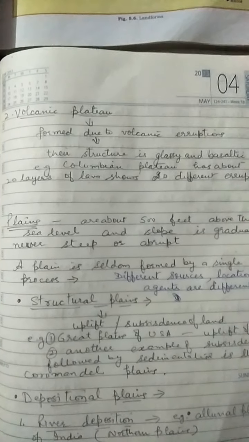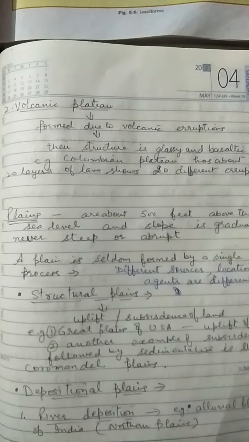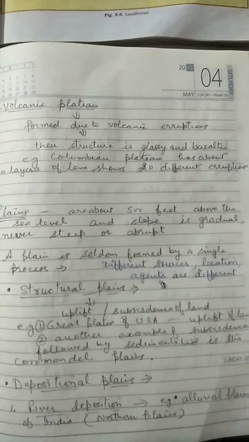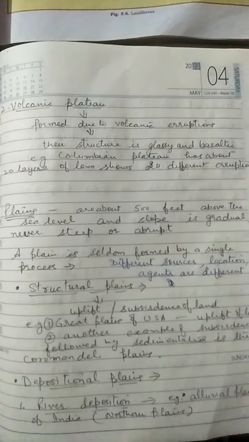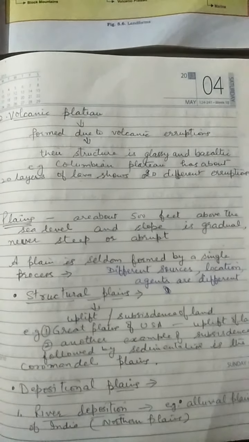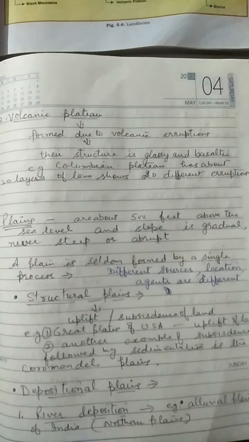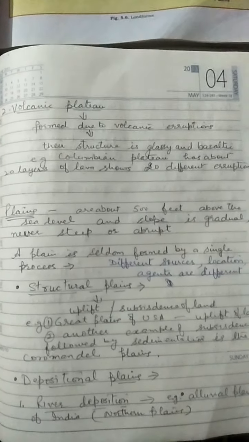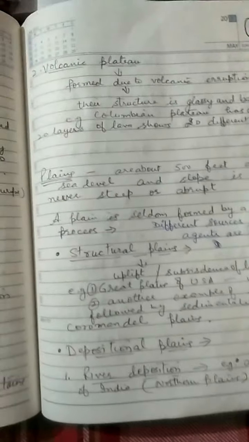It is never steep or abrupt. Now, plains are seldom formed by a single process. They are formed by different sources. The agents are different. Their location is different. On that basis, we have many types of plains.